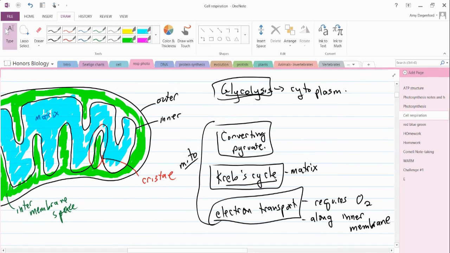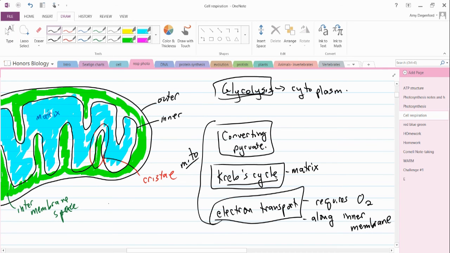So let's go ahead and add that in our diagram. The glycolysis happens outside in the cytoplasm. So the cell would surround everything, and so it's in the cytoplasm of the cell. And then the conversion to pyruvate is happening as it comes into the mitochondria.